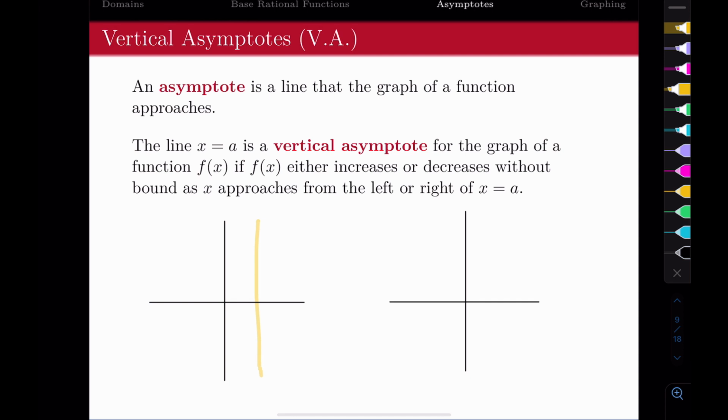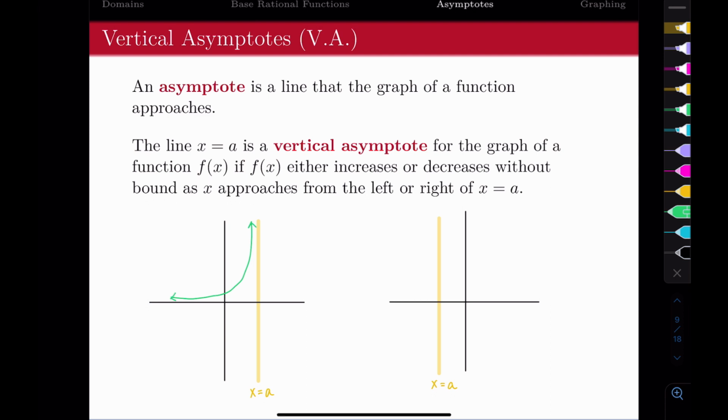So you have some vertical line with the equation x equals some number. We're calling it a. And when we get close to this number on either side, our y values blow up.